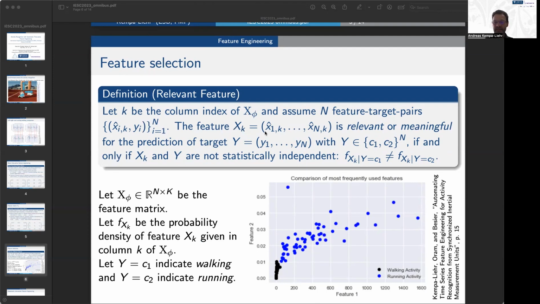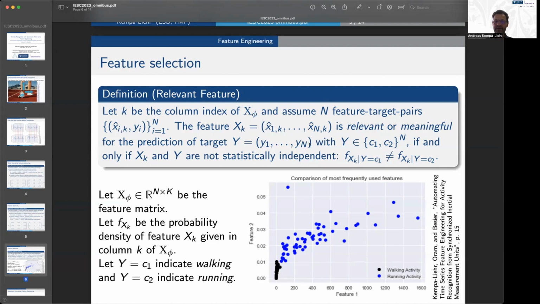Now the feature xk has all the values of this specific feature for all the observations, right? And we're using this feature to make a statement if it's relevant or meaningful for predicting the target. And here the target would be a collection of the different activities which are associated with one of the observed windows. So we've got capital N feature values, capital N target values.